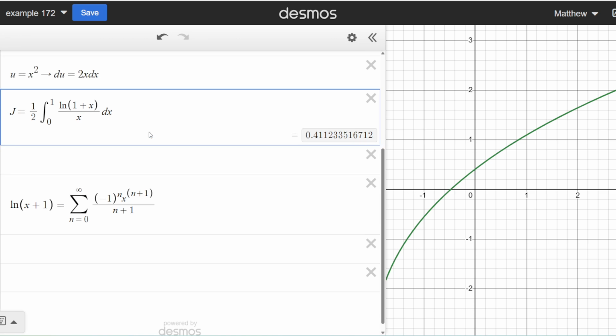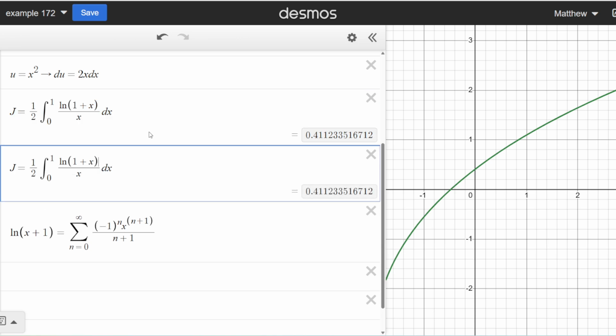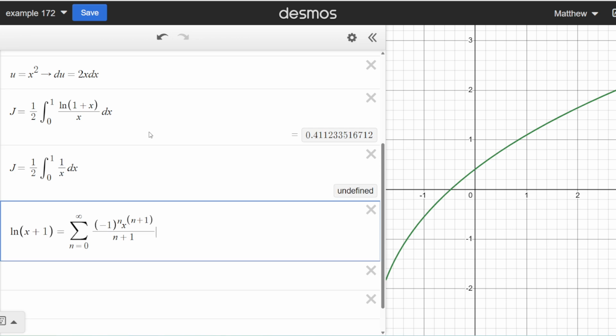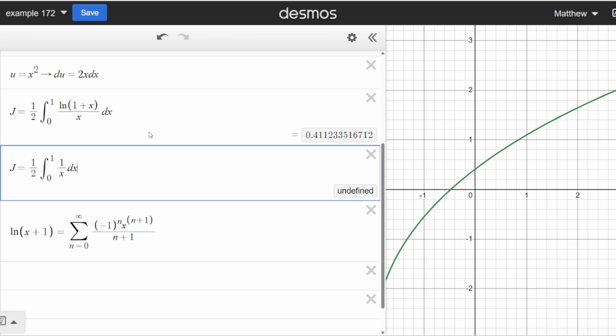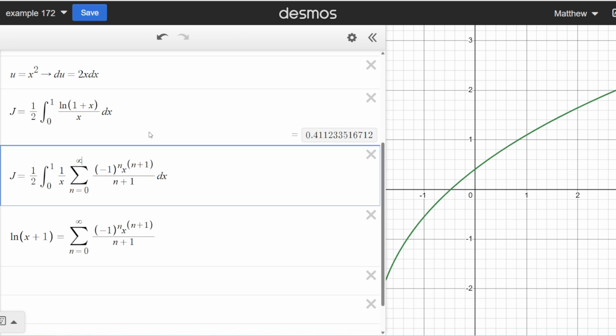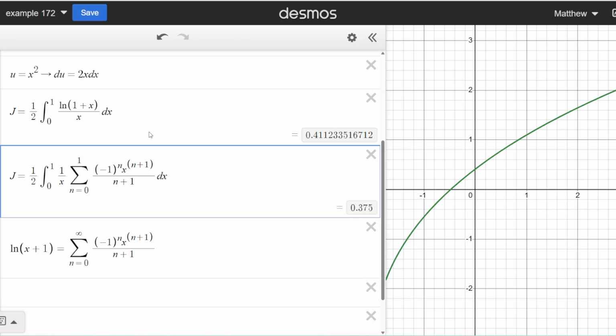And then we can go ahead and set our j equal to this, except our natural log x plus 1 is just going to become this. And let's go ahead and just make sure that that is actually going to converge to what we want it to. Yeah. Okay.